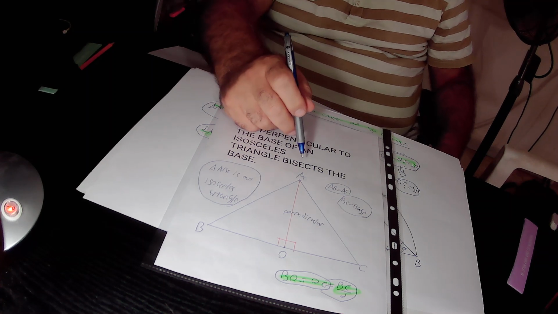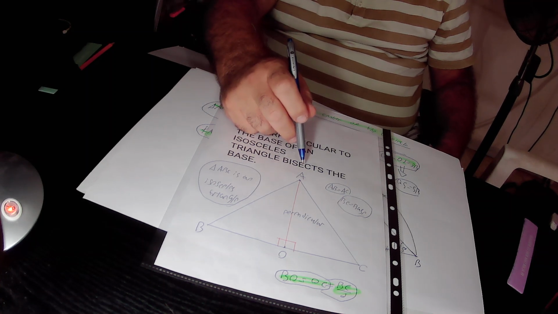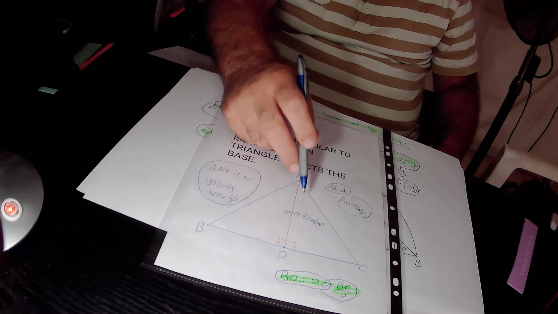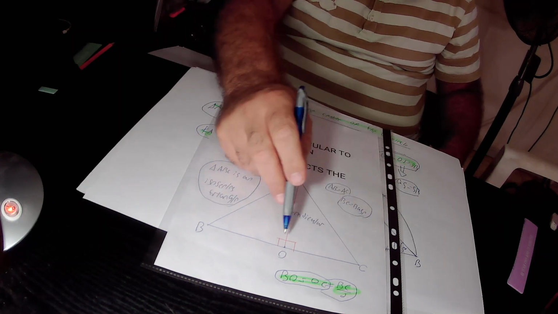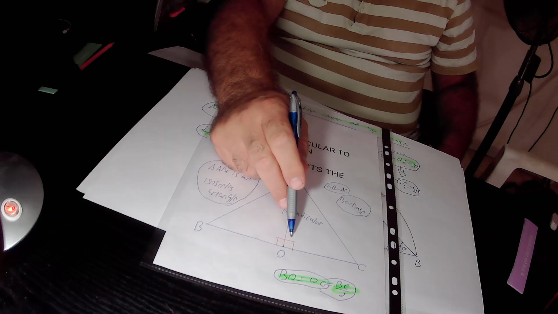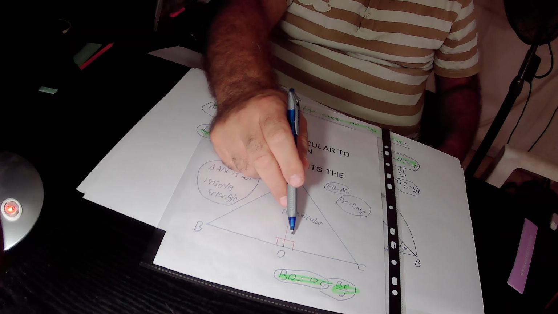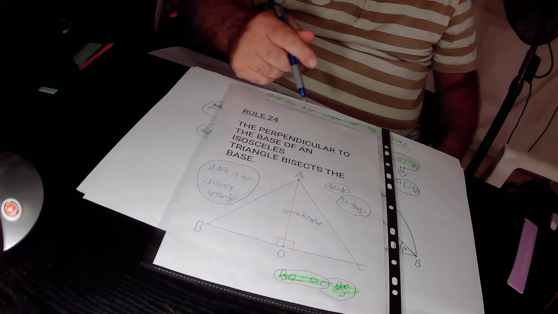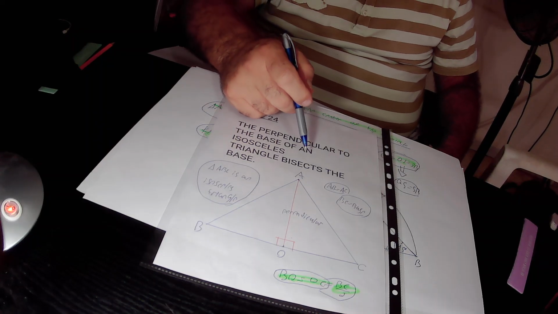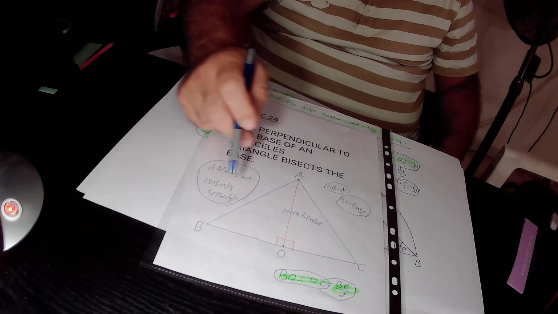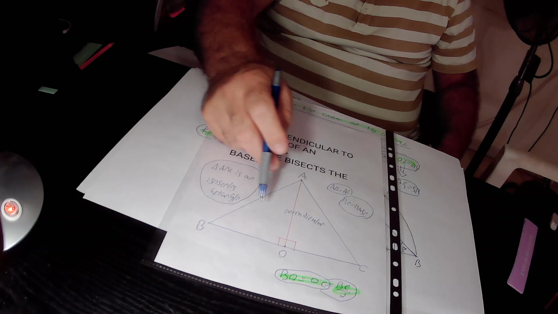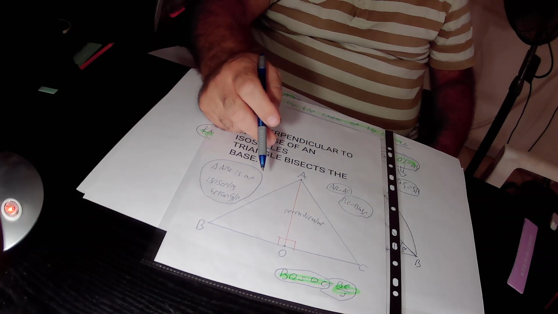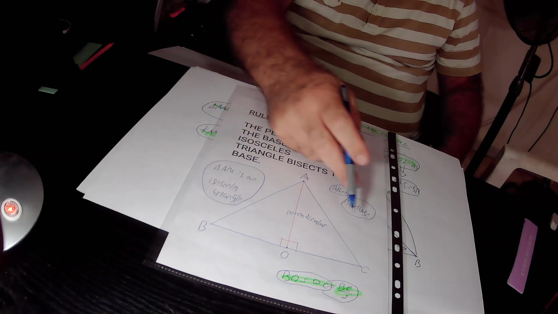From point A, we draw a perpendicular to the base BC. So this angle equals 90 degrees, and this angle also equals 90 degrees according to our construction. According to rule 24, the perpendicular AO to the base BC bisects the base BC. That is to say, it divides the base BC into two halves.